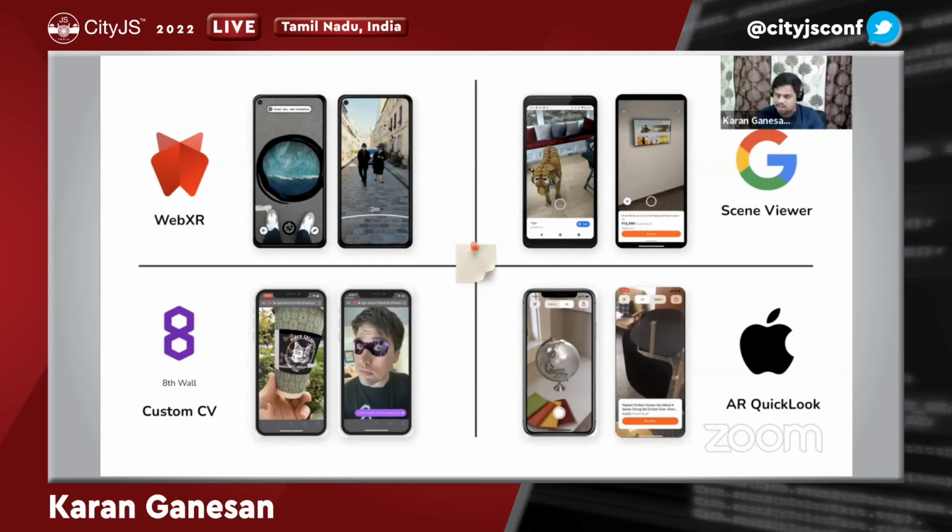And then there is Scene Viewer by Google, where you can just open a link and open the 3D experience in the Google app and view it. And then you also have AR Quick Look, which is part of iOS, where you can just open up links to open 3D experiences. And there are a couple of custom computer vision based things, like the company 8th Wall, and they have their own rendering, SLAM tools, and AR tech. So that's the custom CV part.